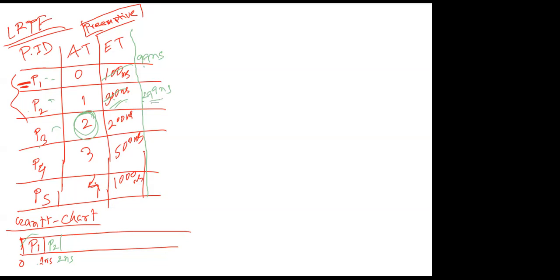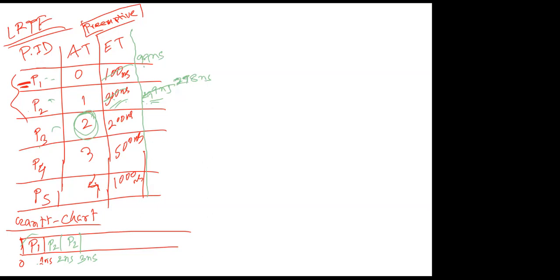So P2 is still the longest. P2 is scheduled again and runs for 1 nanosecond. The current time is 3 nanoseconds, and 298 nanoseconds of execution time remain for P2.